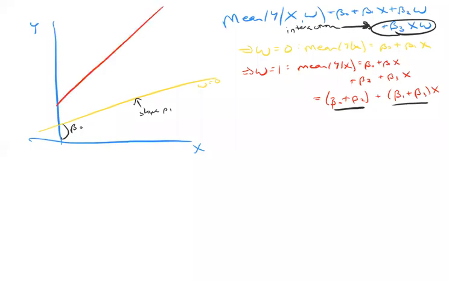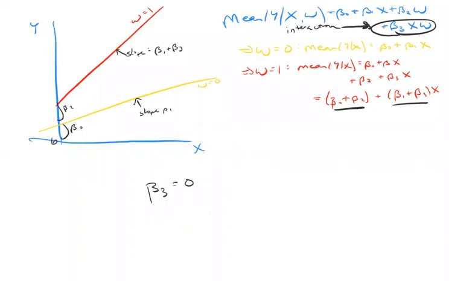So now, sure, the intercepts might differ by beta 2, but now also the slope of this line is equal to beta 1 plus some number beta 3, which could be any number, right? The slopes have now been allowed to differ as well. So I think it's important for us to point out that the no interaction model is a special case of the model with an interaction. If you write down this model with an interaction and then just say beta 3 is equal to 0, now you've got the case with no interaction, right?